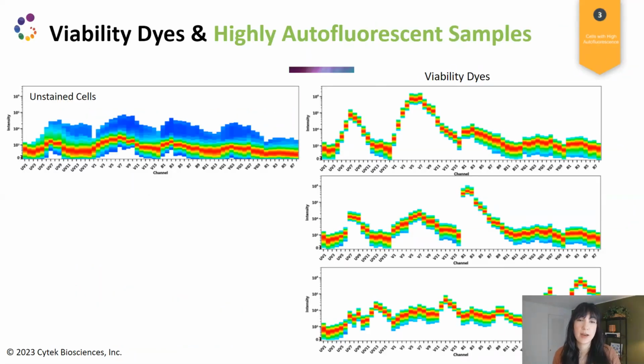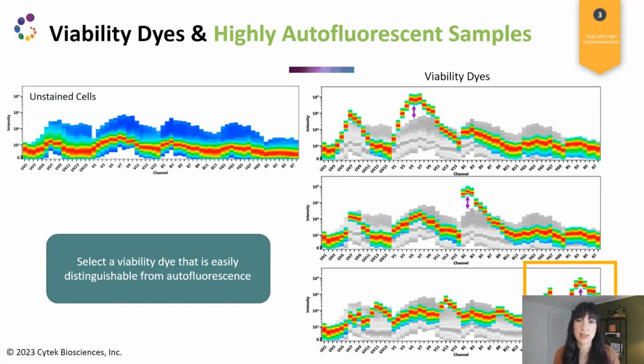Now, viability dyes with highly autofluorescent samples are a little bit more challenging. In the other situations, I said stick the viability dye wherever you want. In this case, there is some strategy. On the left side, we have our unstained cells. On the right side, we have 3 different viability dyes. If I overlay the unstained cells and the viability dyes, notice the little purple arrow to distinguish the emission maxima of the viability dye compared to the unstained cells.